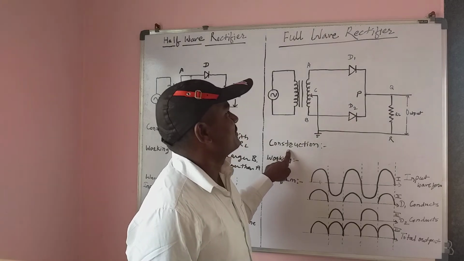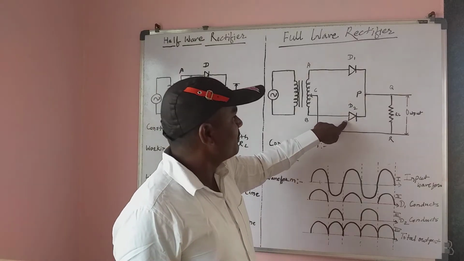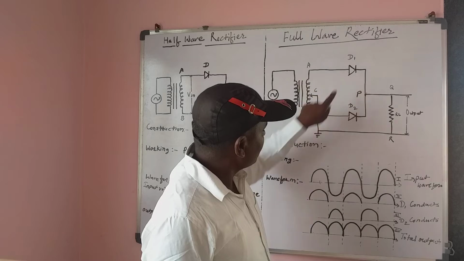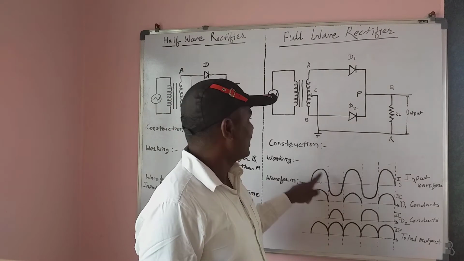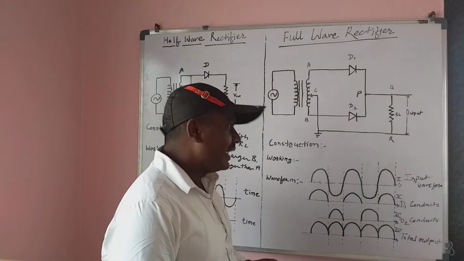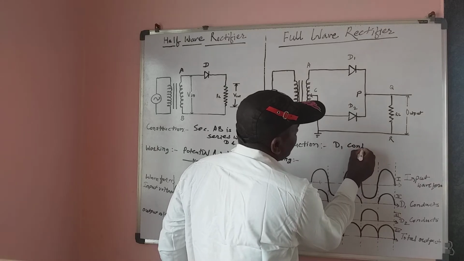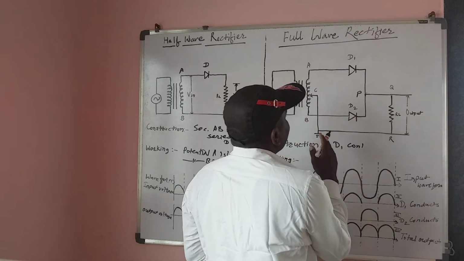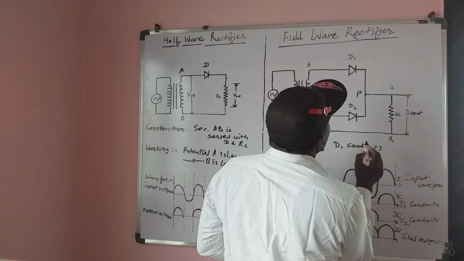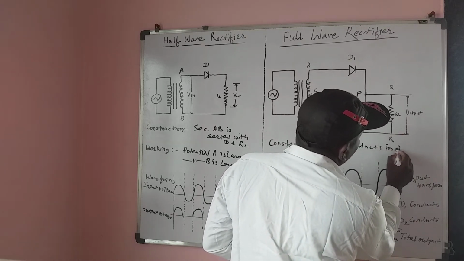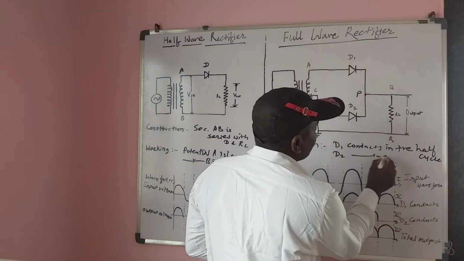In the construction, the diodes D1 and D2 are connected to the secondary of the transformer in such a way that D1 conducts for the positive half cycle and D2 conducts for the negative half cycle.